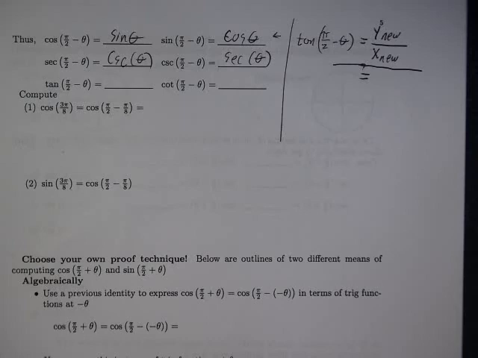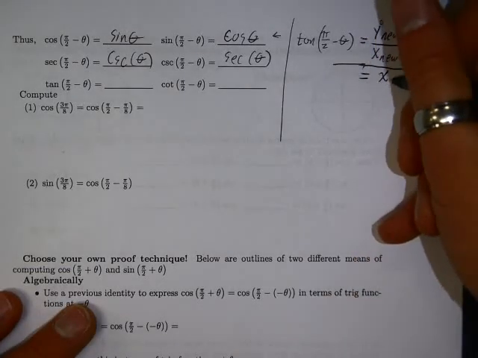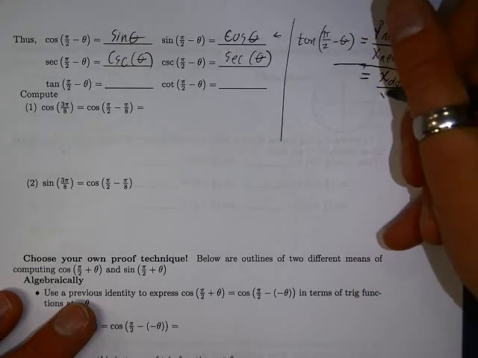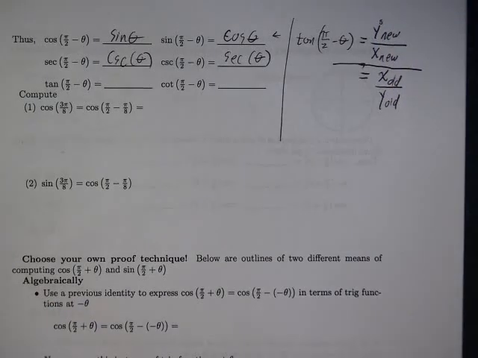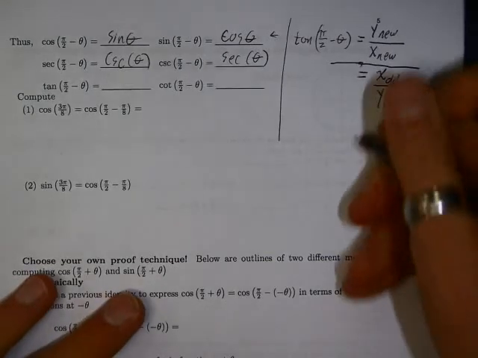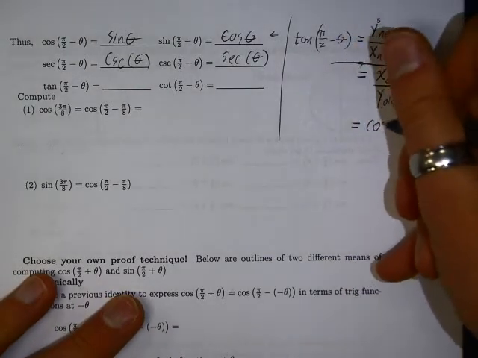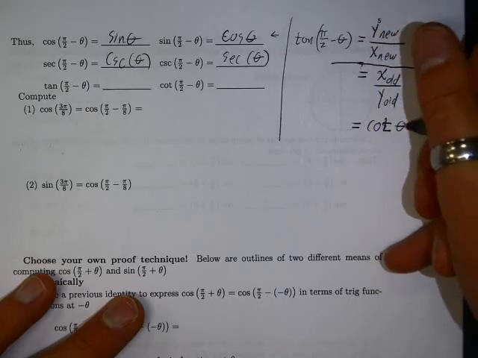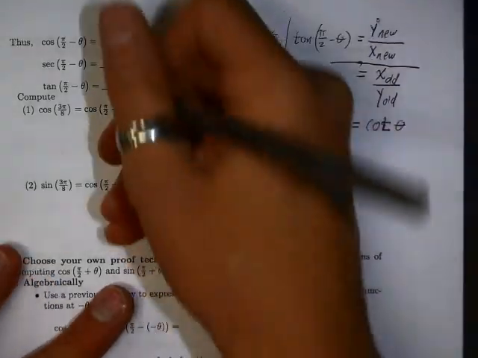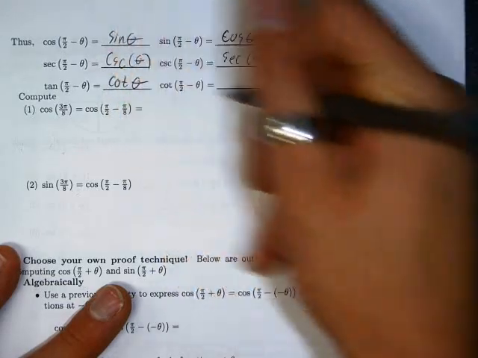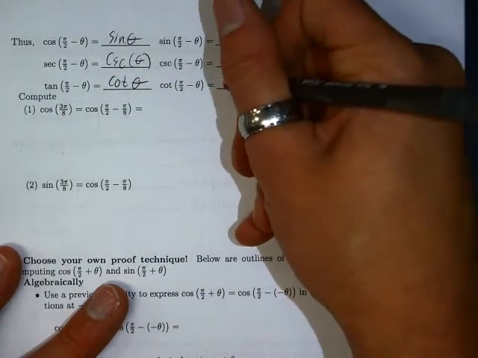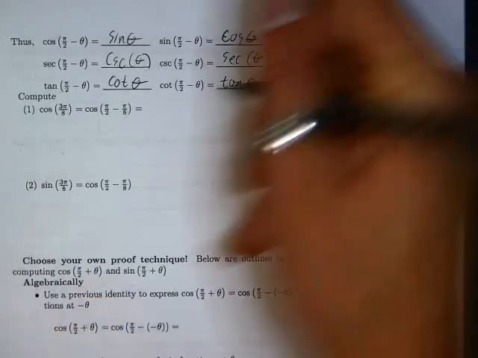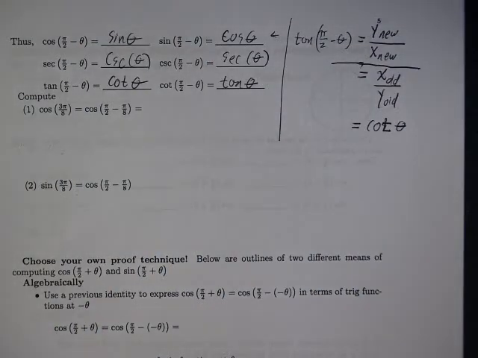They flip. So that'll be x old divided by y old. But what trig function gives you x divided by y? Cotangent. So tangent of pi over 2 minus theta is the same thing as cotangent theta. Similarly, the cotangent of pi over 2 minus theta is the same thing as the tangent of theta. Nice.